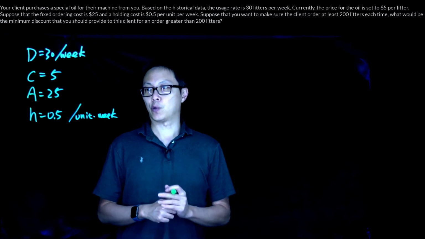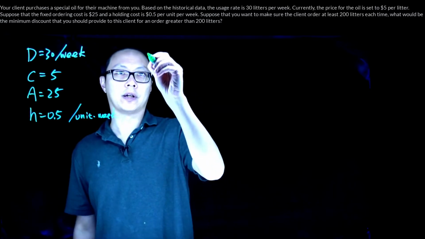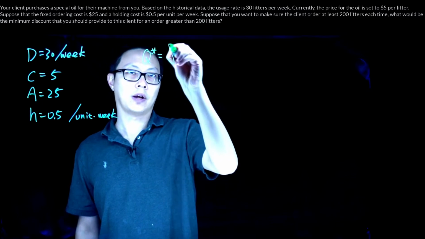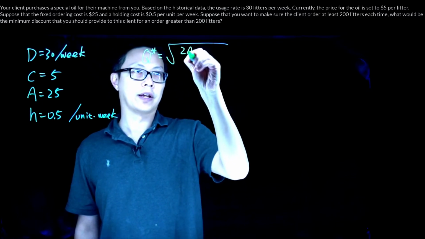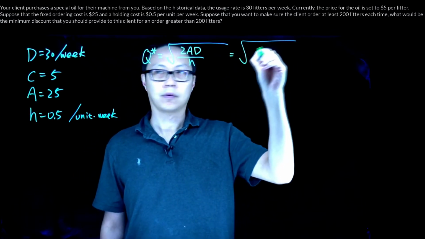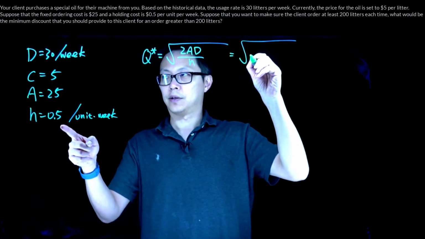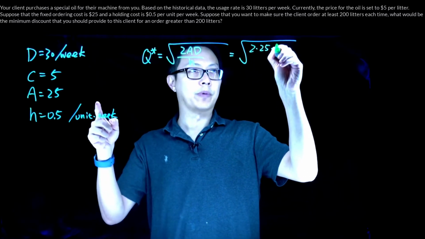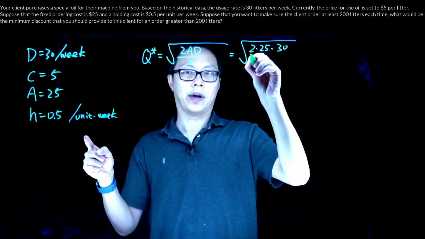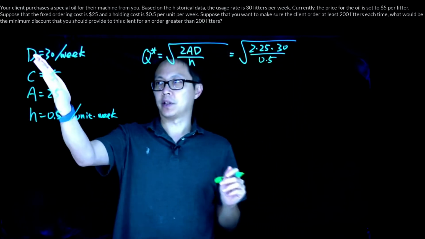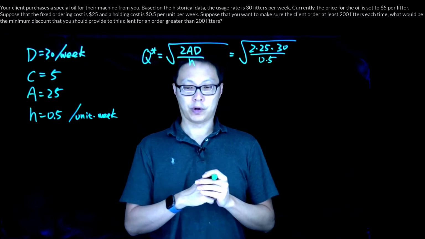So the first thing we want to do, again, will be to calculate the EOQ quantity without any discount. That will be the square root of 2AD divided by H. 2 times 25, D will be 30, H will be 0.5. You probably will notice that we did not convert the demand to the yearly demand.